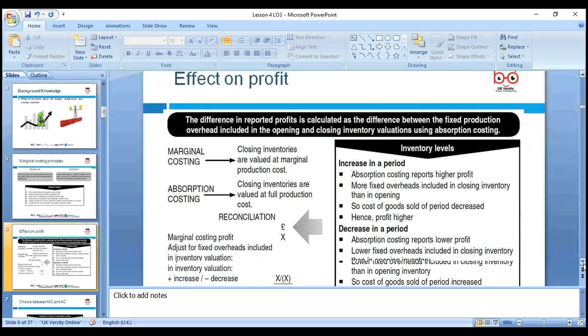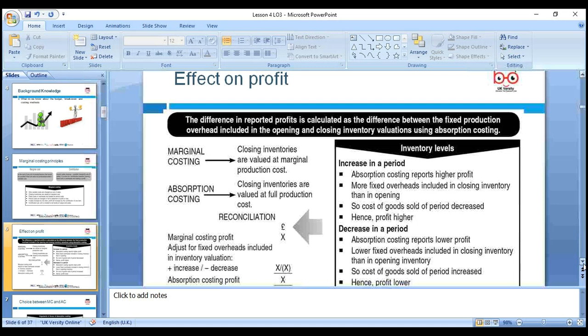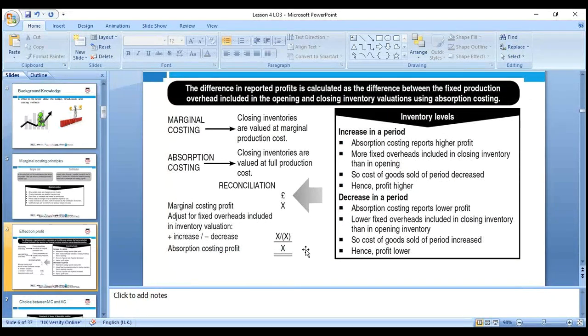So when the fixed overhead included in the closing inventory is higher than in the opening inventory, the cost of goods sold for the period decreases, and absorption costing reports a higher profit. Otherwise, a lower fixed overhead is included in the closing inventory, so the cost of goods sold increases and the profit will be lower.